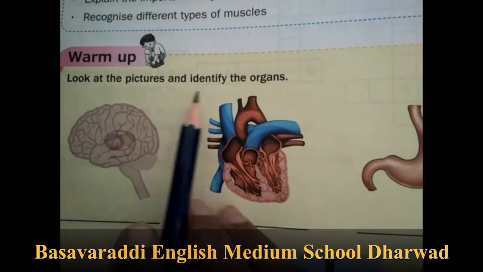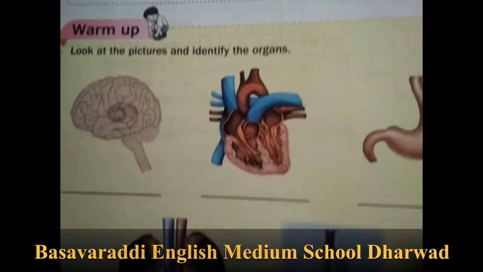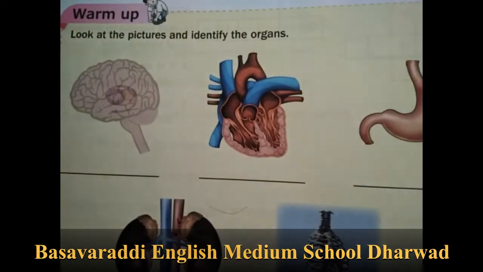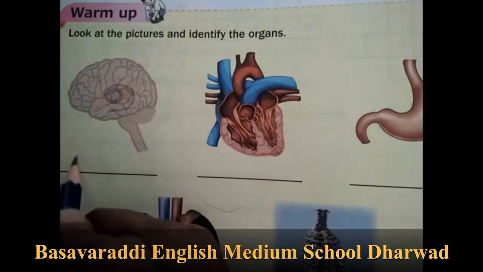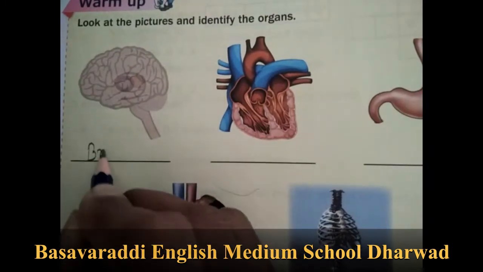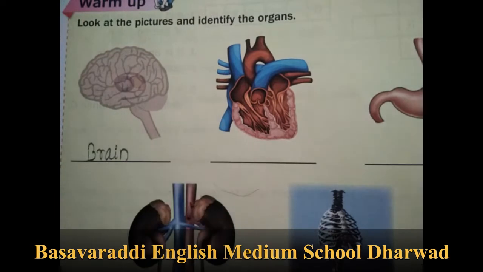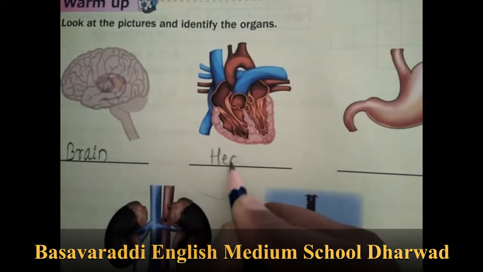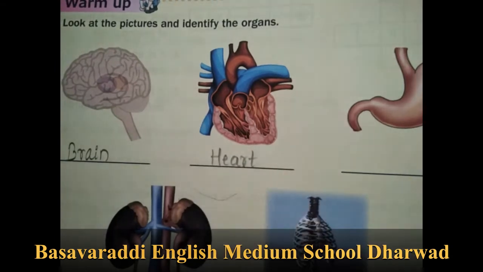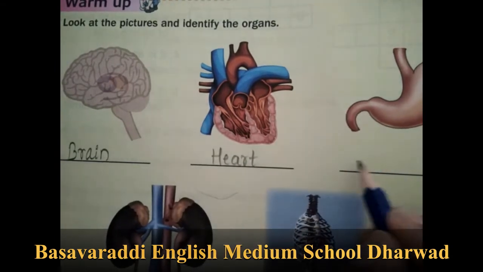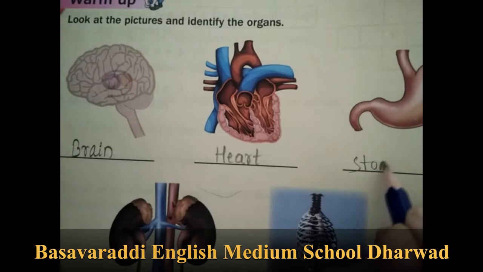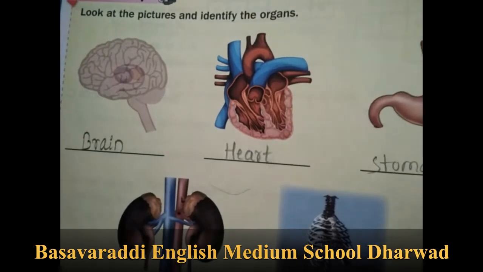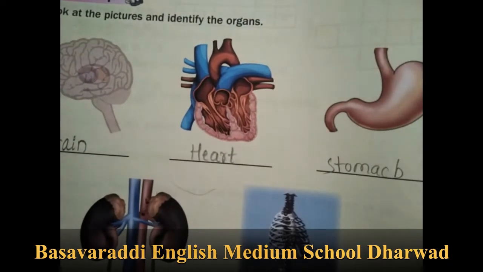Look at the pictures and identify the organs. The first one, that is brain. Yes, right, brain. The second picture belongs to the heart. It is the human heart. The third one, stomach.